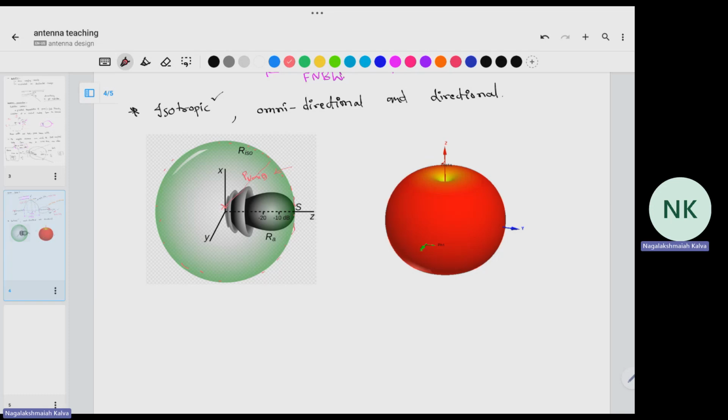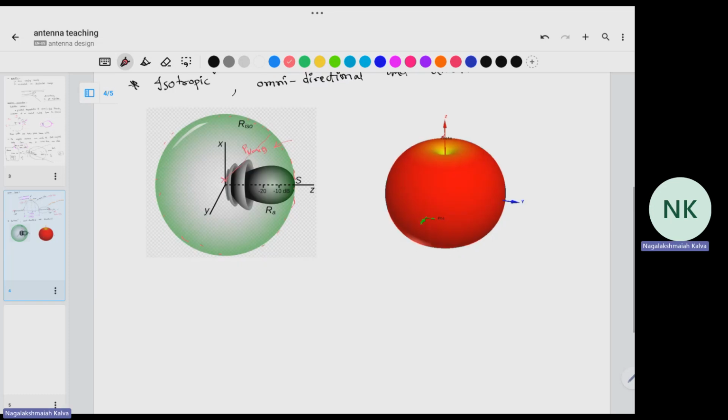It's an ideal case and it is defined as the radiation pattern in which the radiation intensity over the sphere is the same, and which is ideal, which does not exist.